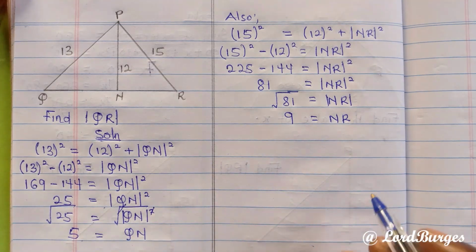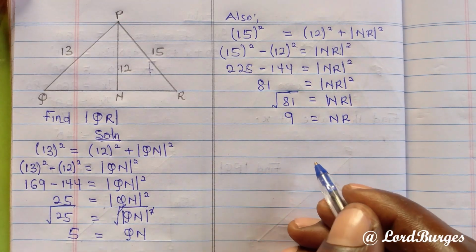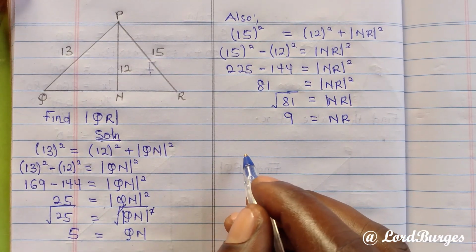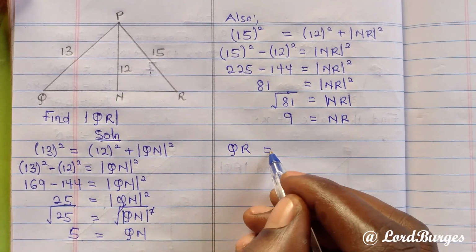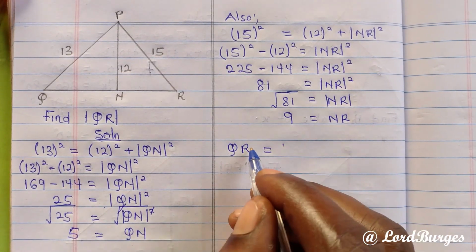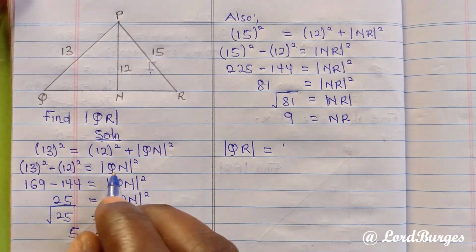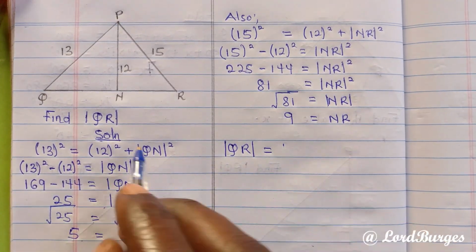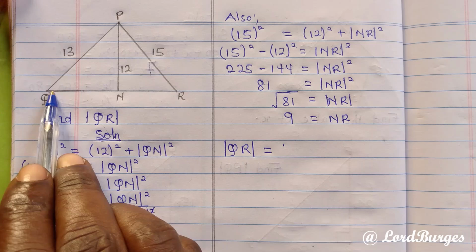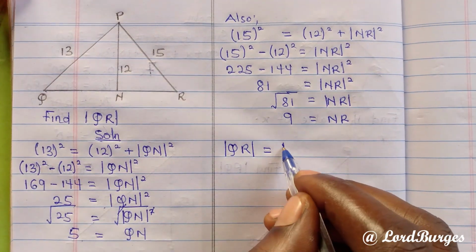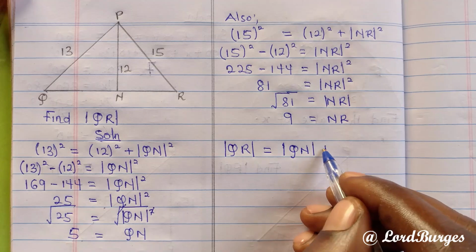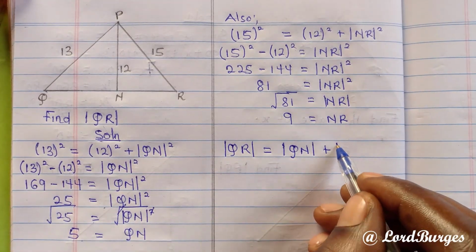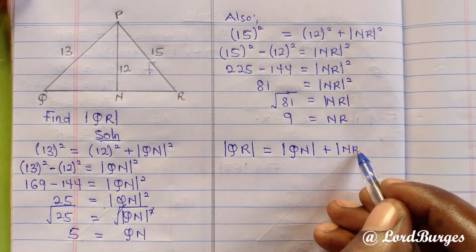Therefore we can now find our QR, where QR, that is the length of QR, is equal to QN, the length of QN, plus that of NR.